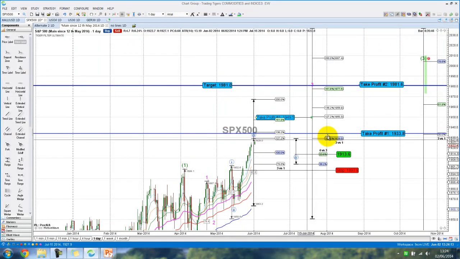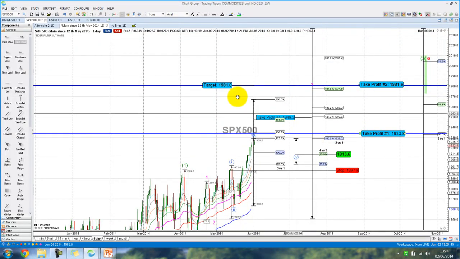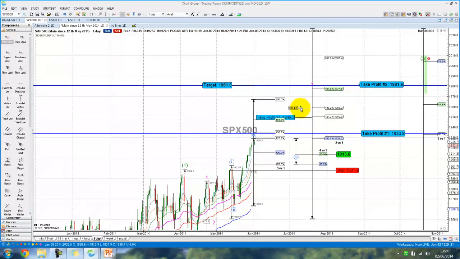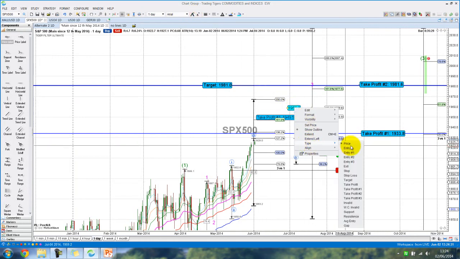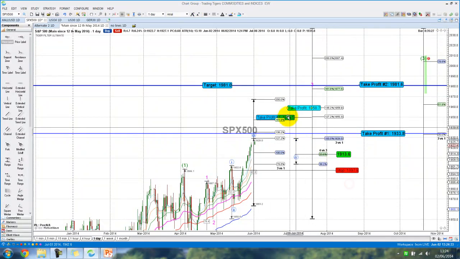So we can put a profit level there, and let's get another one, and we can put a profit level here, right? Okay, and put that take profit.